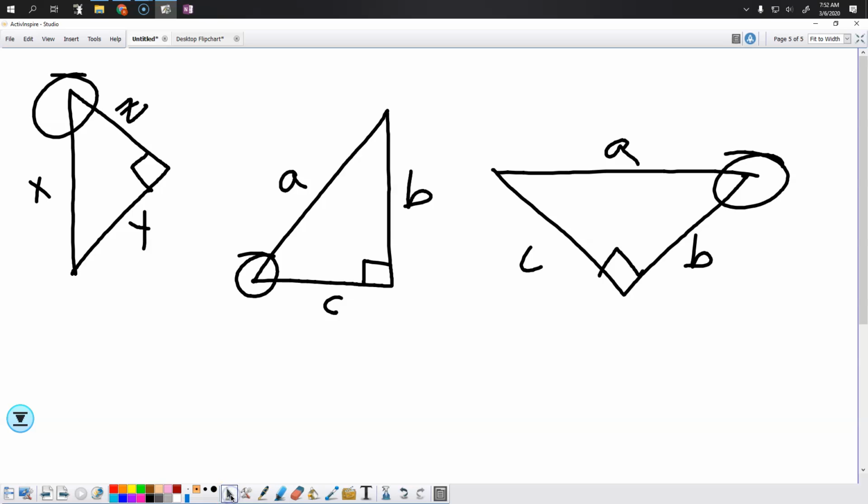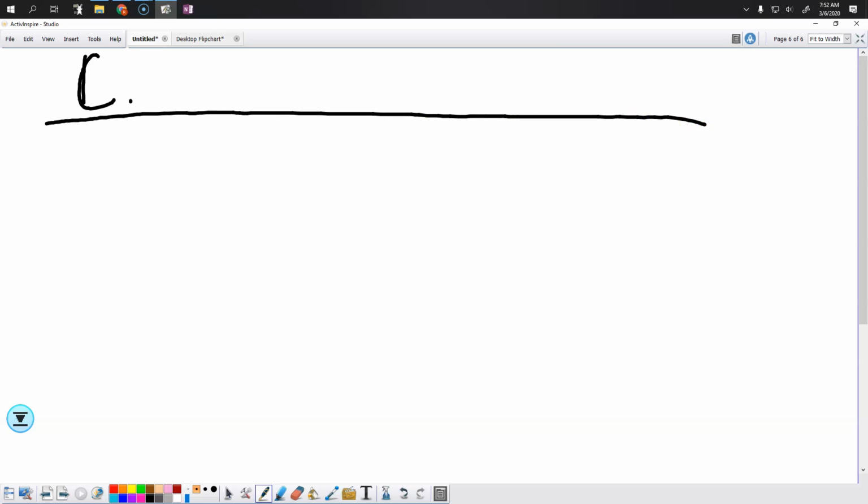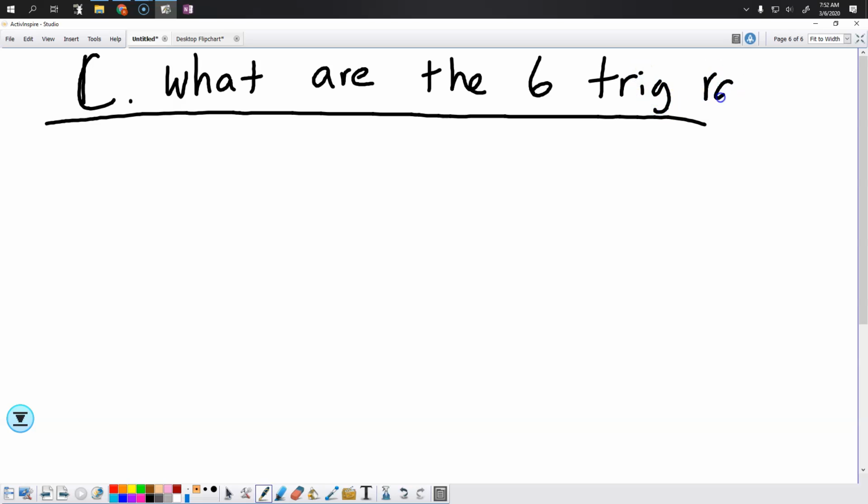So now that we know how to name the sides, let's move on to, am I on part B? I don't remember. See? All right. So what are the 6 trig ratios then? So I told you what a trig ratio is. Now I'm going to tell you all 6 of them.